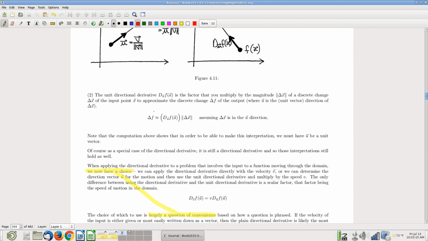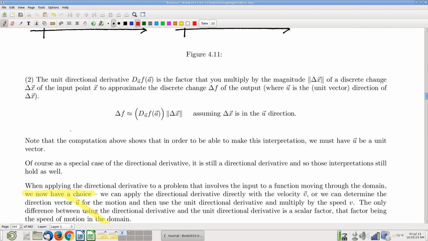Look at this equation. There's the rise. There's the run. We've agreed that the unit directional derivative is the thing that you multiply by the distance you've moved in the domain to get the linear estimate of the change in the output in the target. So in the case that we have a real valued function, that's a scalar, divided over there, you get rise over the run, the unit directional derivative. Okay, so granted, I confess, that's pretty cool.